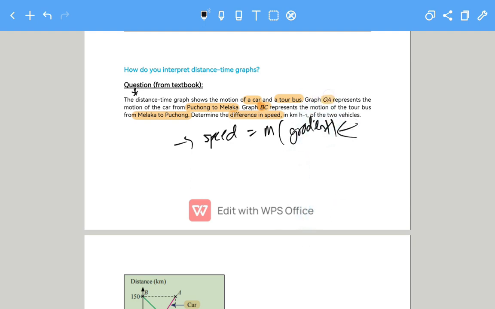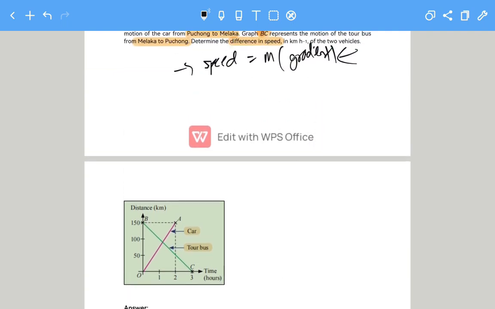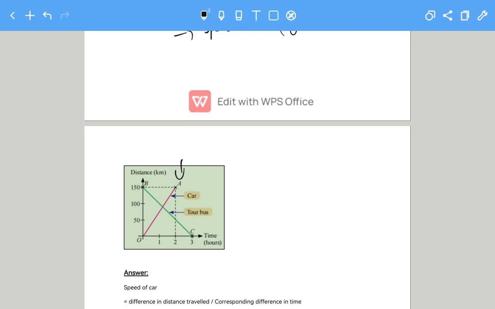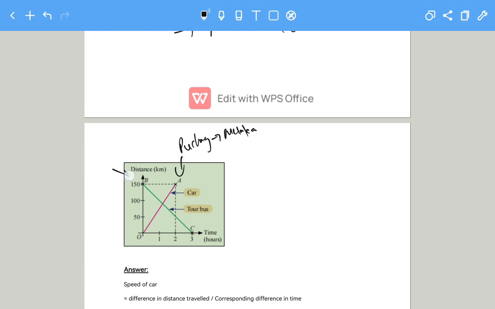Let us see this question. We know that OA is from Puchong to Malacca, and BC is from Malacca to Puchong.